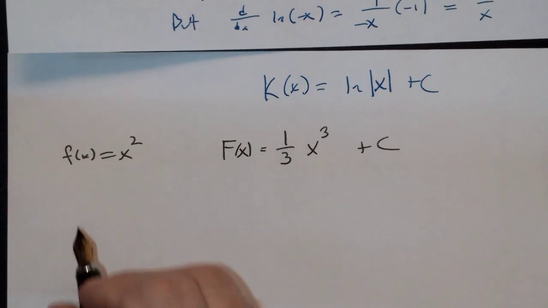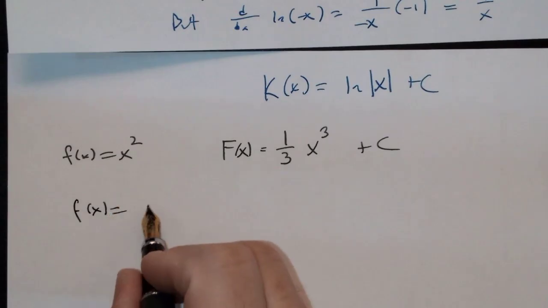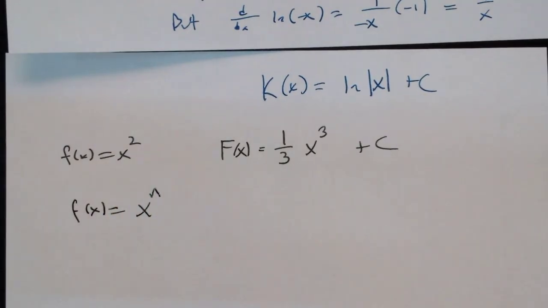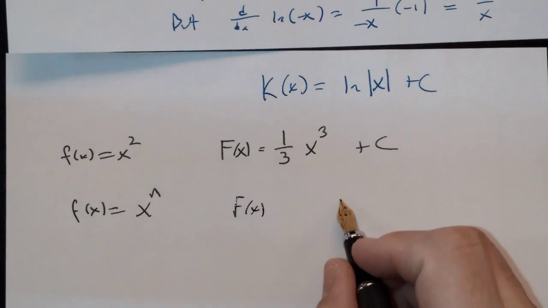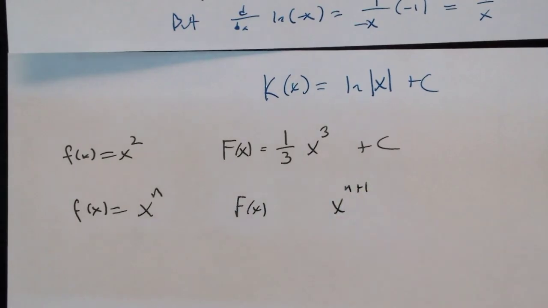Let's generalize. Let's suppose I had any number up there. Well, the thing I need to start with when I take the derivative has to have a higher power. And since I subtract 1, it should be 1 bigger.